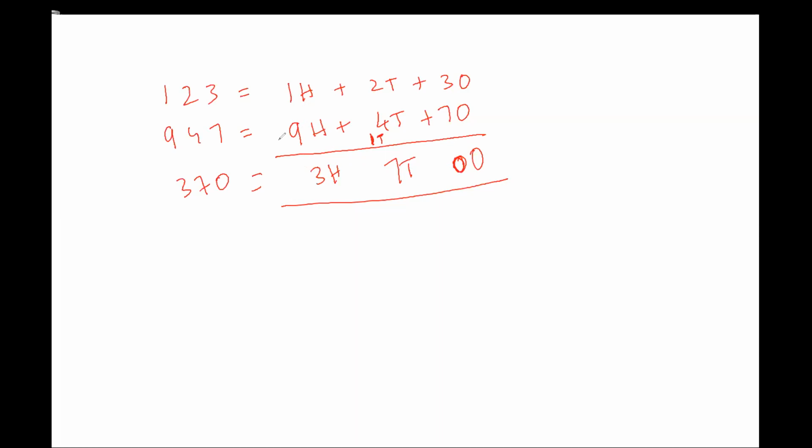So you put this 1000 here, and you have 0 hundreds. But unfortunately, you don't have a place to write this 1000, so it gets lost.